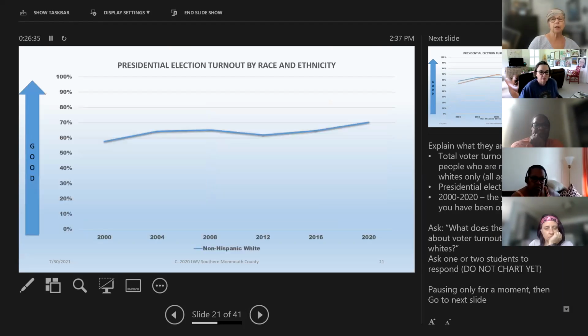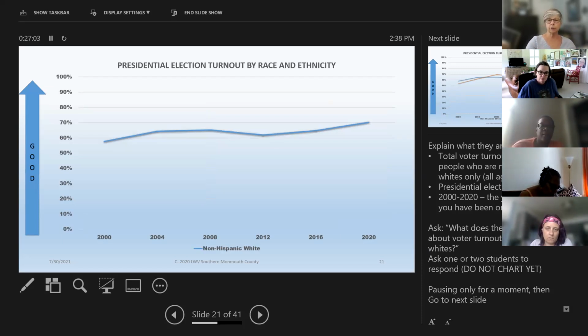This series of slides is going to be based on race and ethnicity. The Census Bureau considers Hispanic or Latino as an ethnicity and not as a race, because they believe that you can be Black and Hispanic, white and Hispanic, and so they've broken those categories down this way.